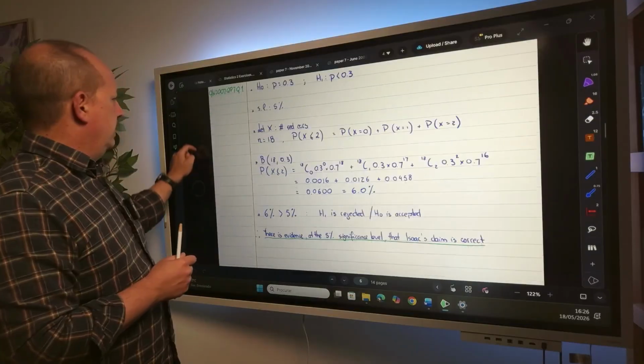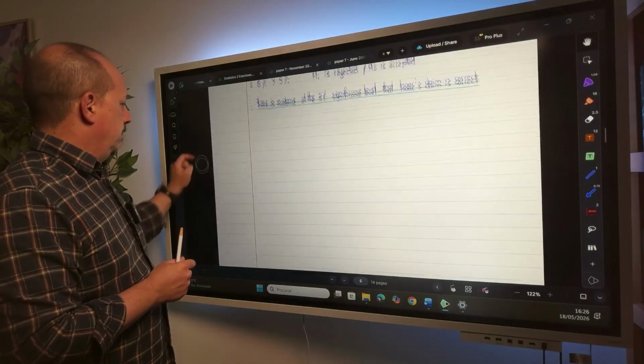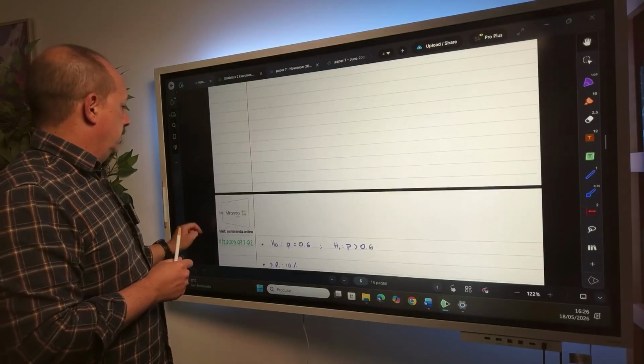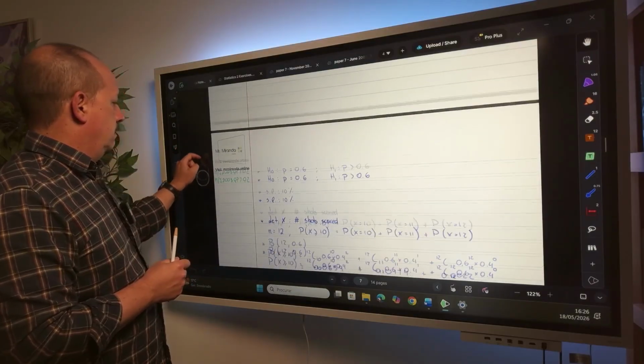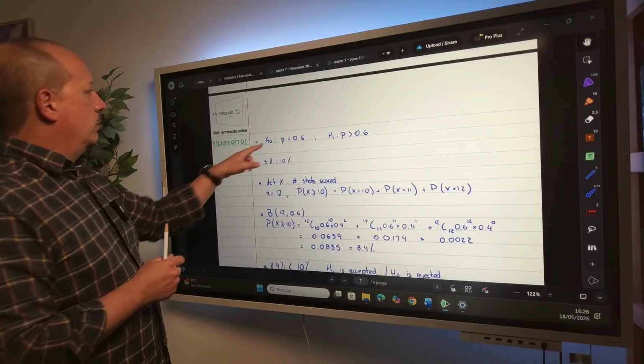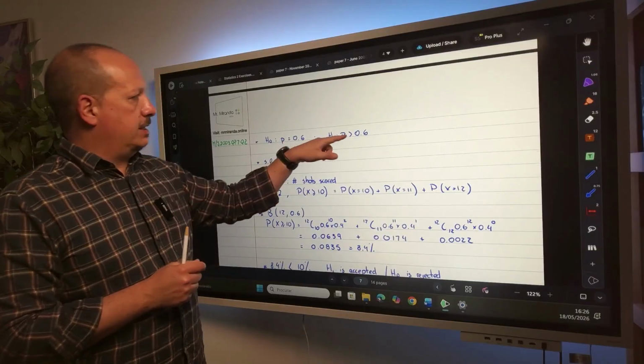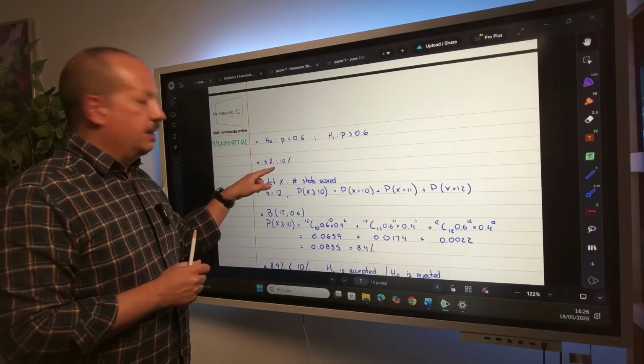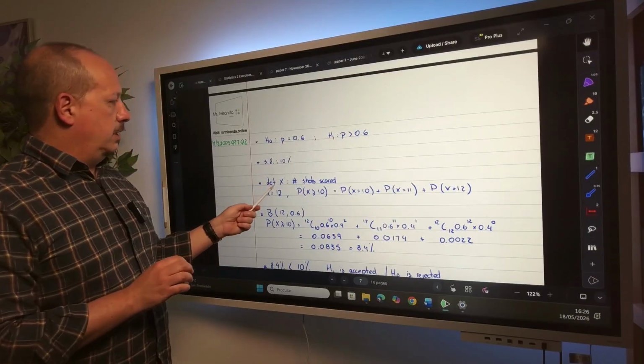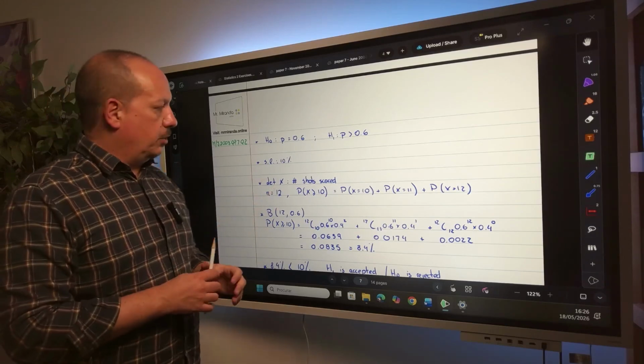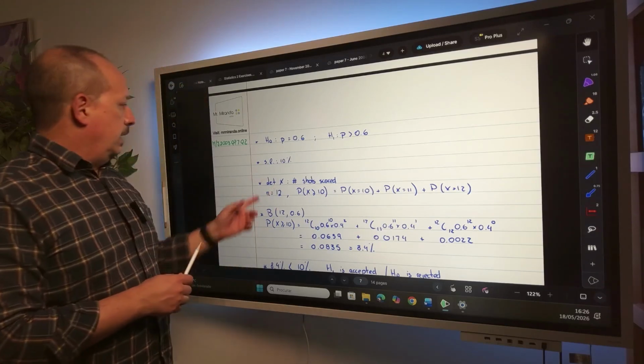Let me just go down. There you have the whole thing. So null hypothesis, alternative hypothesis, significance level, the random variable, which is obviously the number of shots scored, n equals 12.